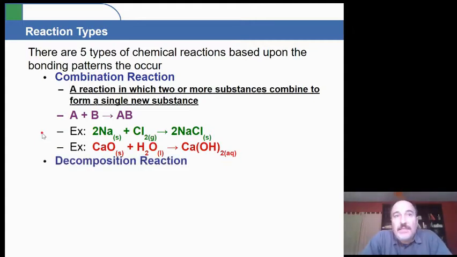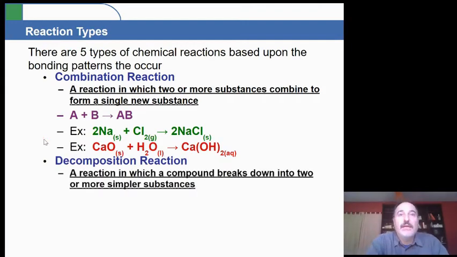Now, a decomposition reaction is the exact opposite. It's where you start off with one larger substance and it breaks down to two or more smaller ones, okay? Smaller or simpler substances.